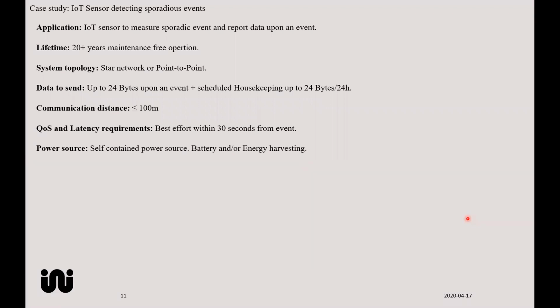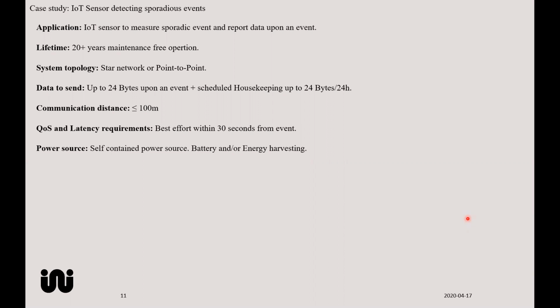The function of the system is that the sensors should report sporadic events when they occur, if they occur. And if they don't occur, at least once per 24 hours, we should connect to the gateway to do housekeeping. Keep-alive information, sharing whatever events that happened during the day if something were missed, and also the possibility to do firmware updates.